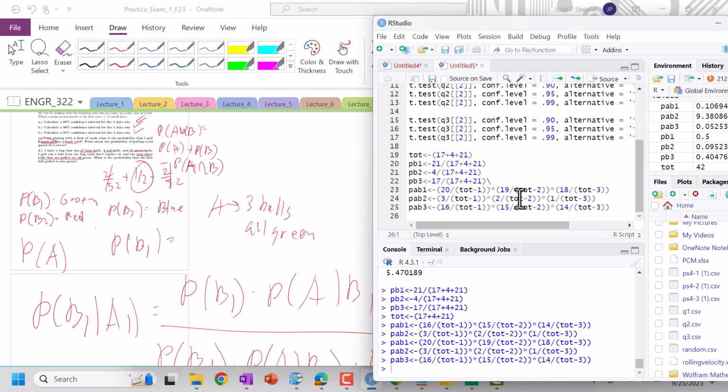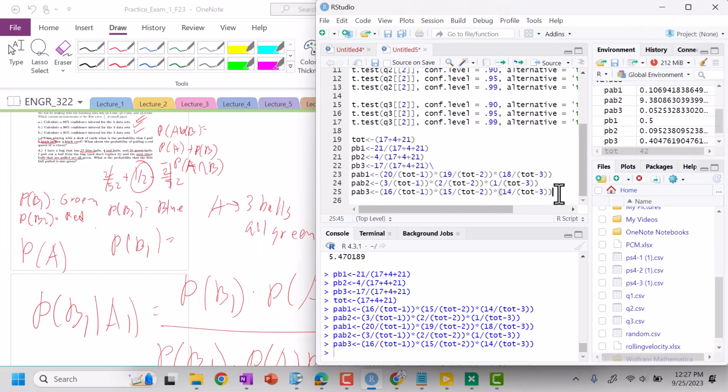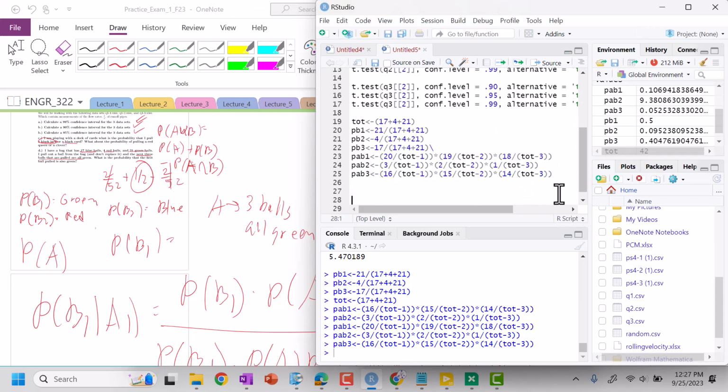Now we can put it all into our values here. We do PB1 times PAB1, divided by this same one plus PB2 times PAB2 plus PB3 times PAB3.